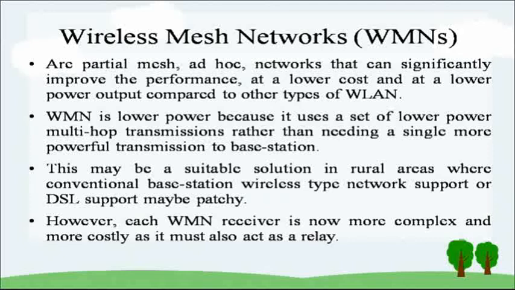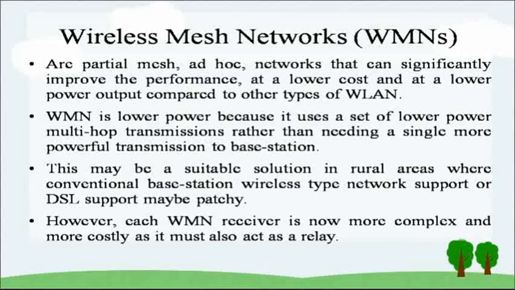Then we are going to talk about wireless mesh networks, that is WMNs. These are partial mesh ad hoc networks that can significantly improve performance at a lower cost and at a lower power output compared to other types of wireless LAN connection. A WMN is low power because it uses a set of lower power multi-hop transmissions instead of having a single more powerful transmission to a base station.